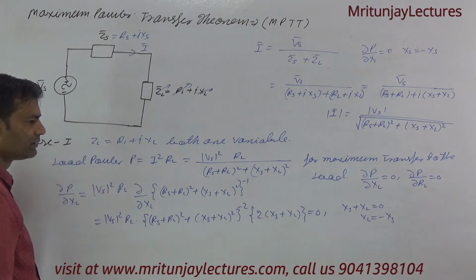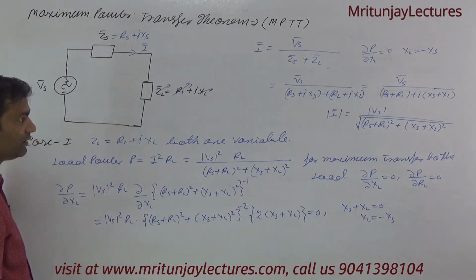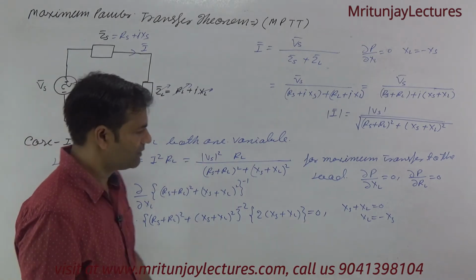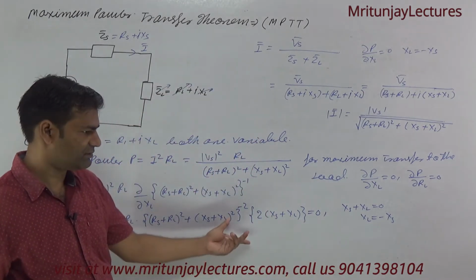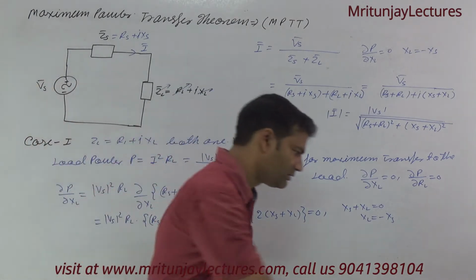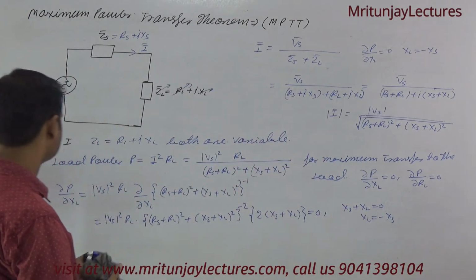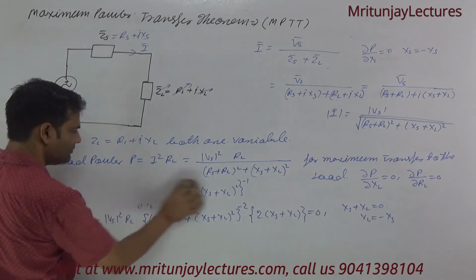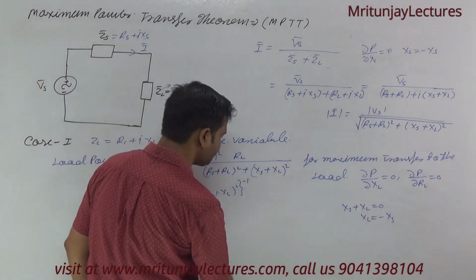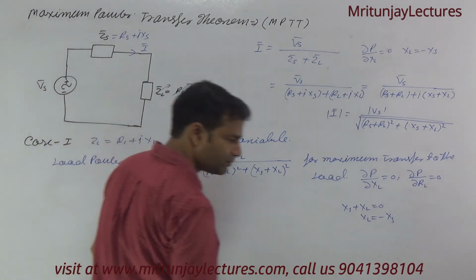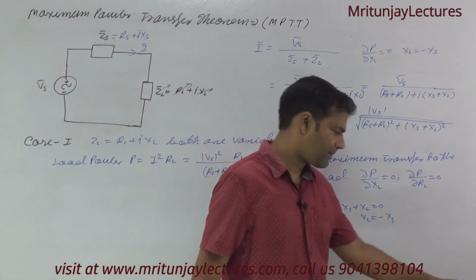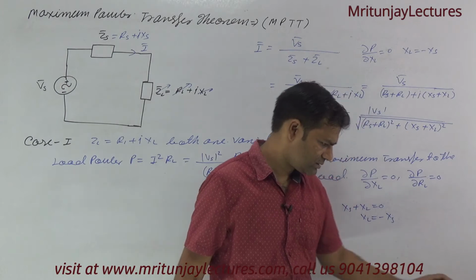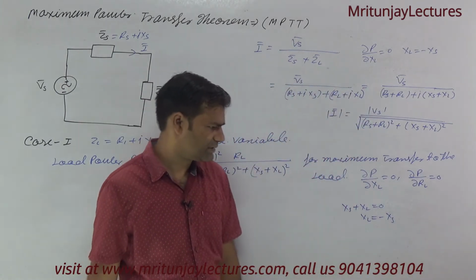Now if you feel any problem, then tell me, sir, I face a problem. This is simply differentiation. Now if this value is put in this equation, everything is clear.